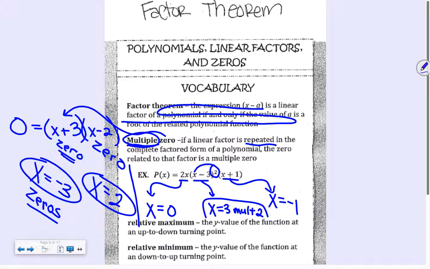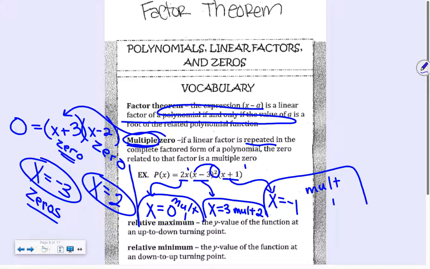So this 0 counts how many times? Twice. This 0 has a multiplicity of what? 1, because it's x to the first. Sorry, this is getting really crunched. This 0 has a multiplicity of 1. It only happened once. So how do you know the multiplicity? You just look at the what?